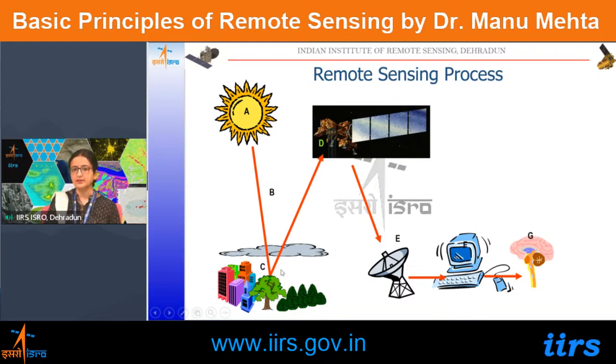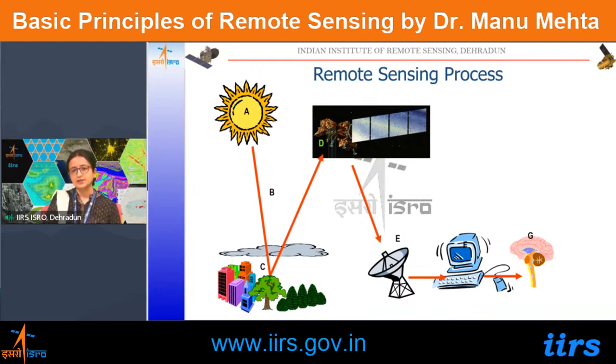And again, after the reflection from the target, it has to pass through the layer of the atmosphere again. So again, some interaction will happen with the atmosphere, again some alteration in the data, and then the data which is reaching here will be altered. So the data which reaches the sensor has the information both from your actual interest, that is your target, as well as noise or alteration due to atmosphere.